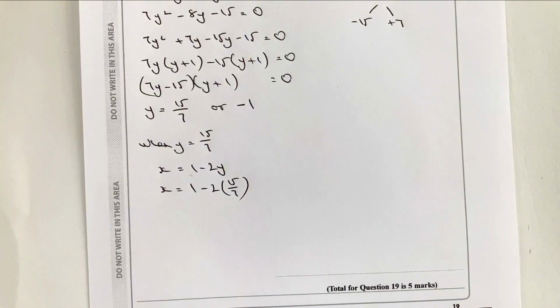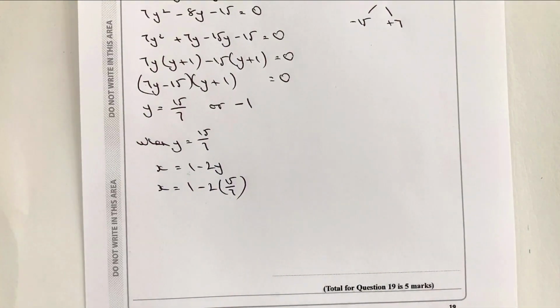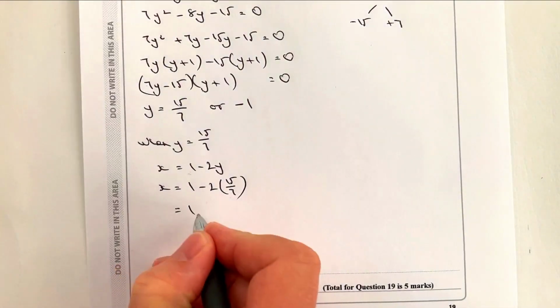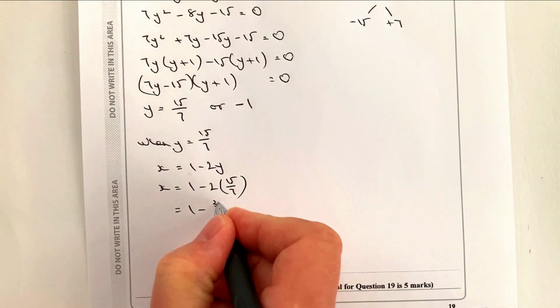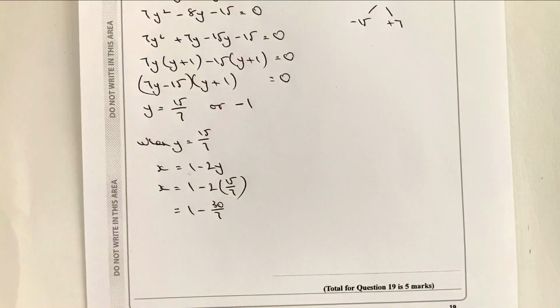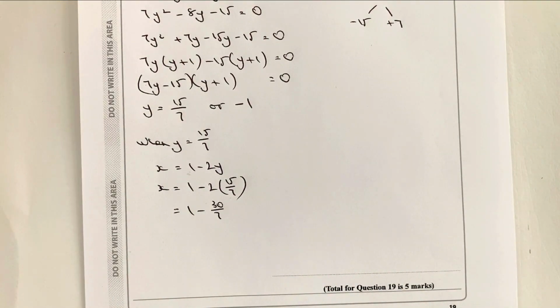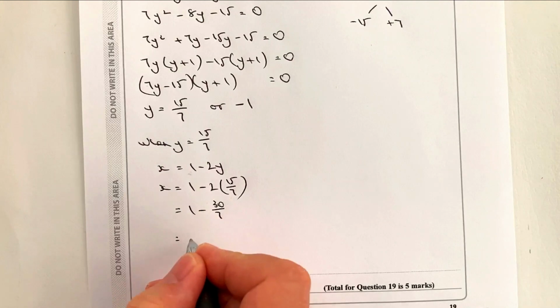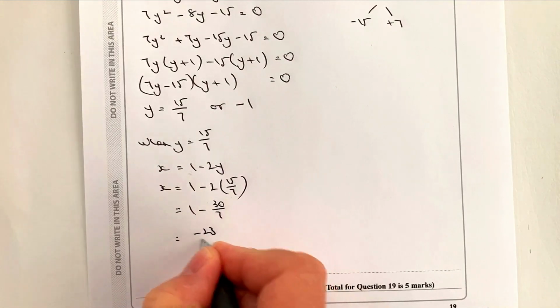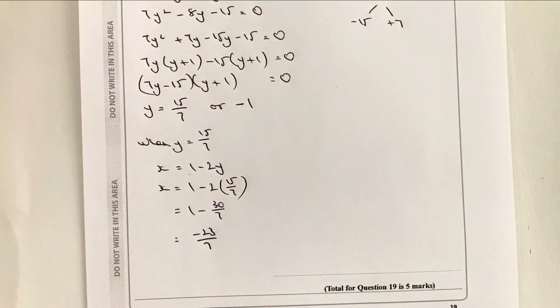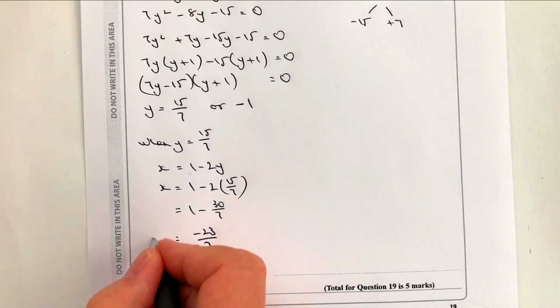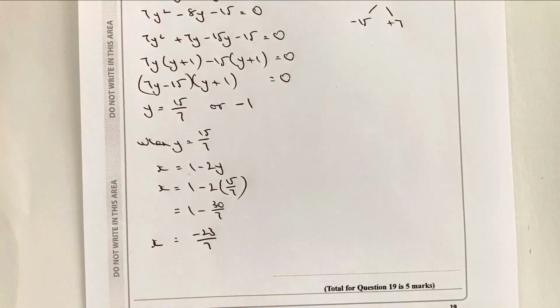Now, it is a calculator paper, so I'm not really going to go through the process, but you're going to end up with 1 minus 30 over 7, and then either put that in a calculator or do something with it, and you should get an answer of minus 23 over 7. So we've now got x equals minus 23 over 7 when y equals 15 over 7.